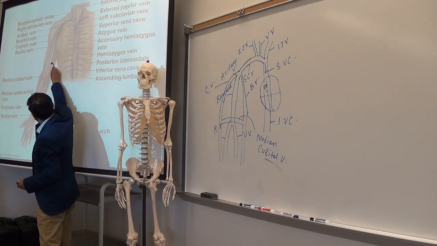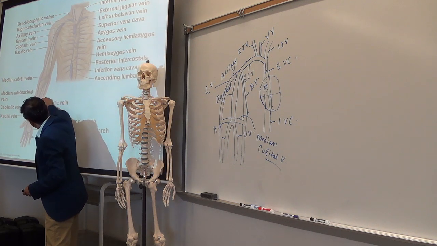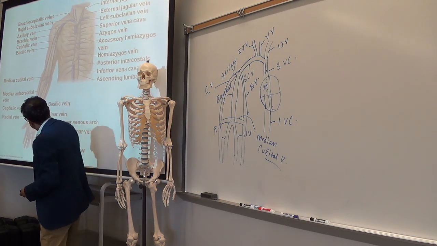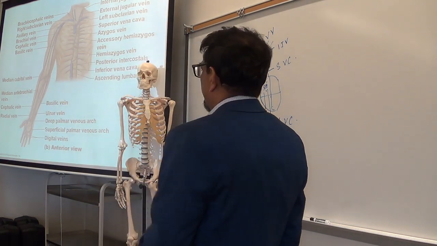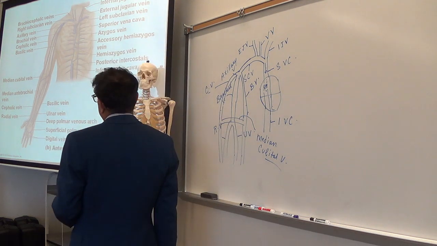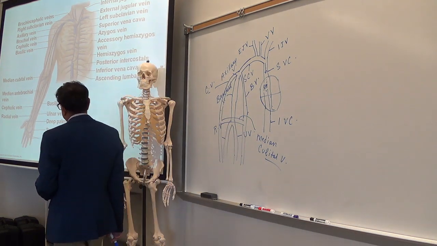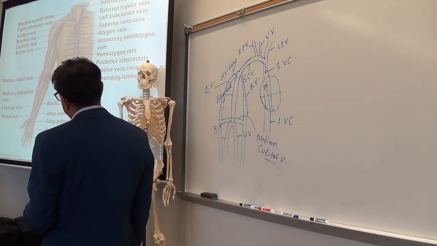These are superficial. Now brachial divides into radial and ulnar veins. Okay? And in the palm, radial and ulnar, they join to form arches. Okay? So two arches are formed in the palm area.